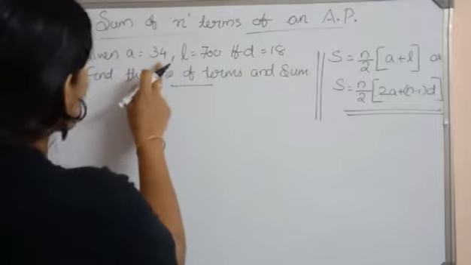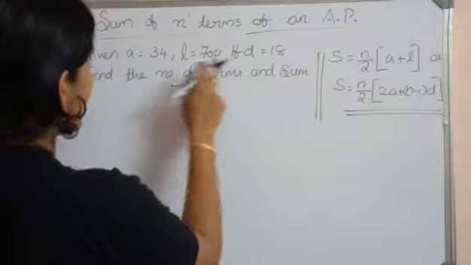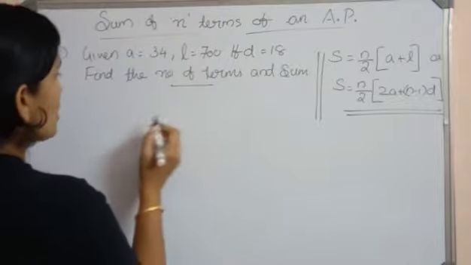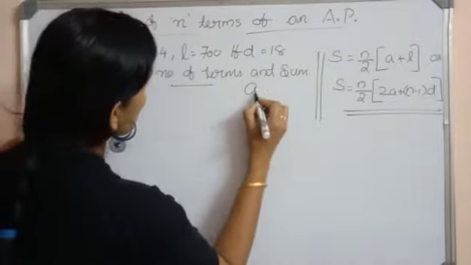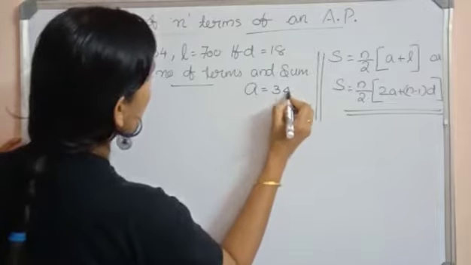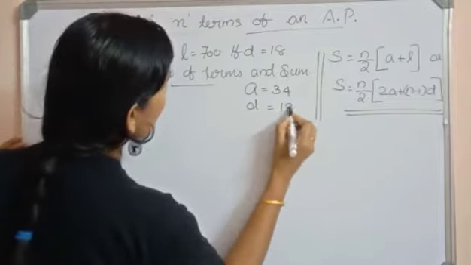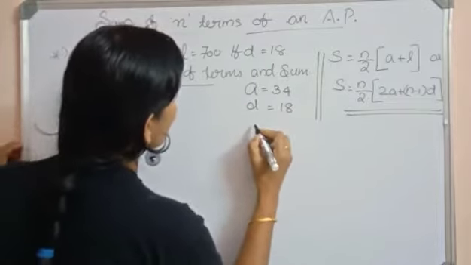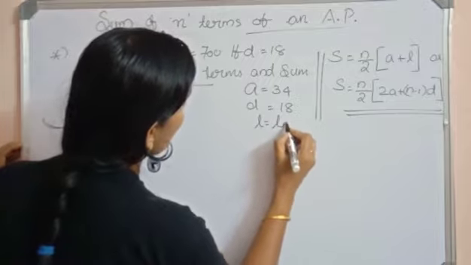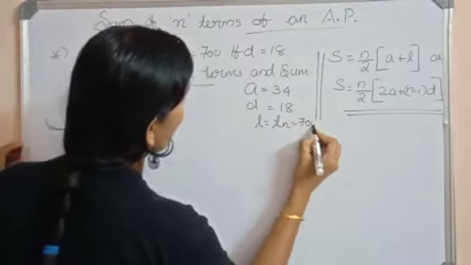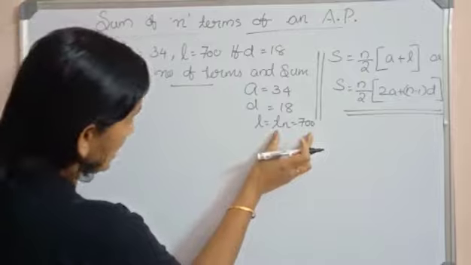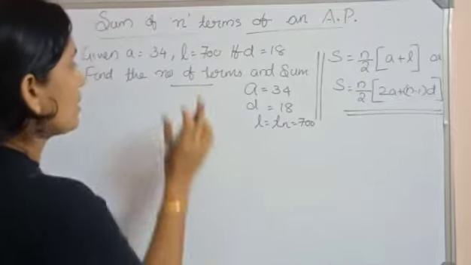So let's write all the data here first. a is equal to 34, d is equal to 18, and the last term l, that is equal to Tn, is equal to 700.